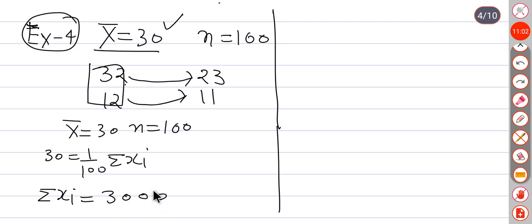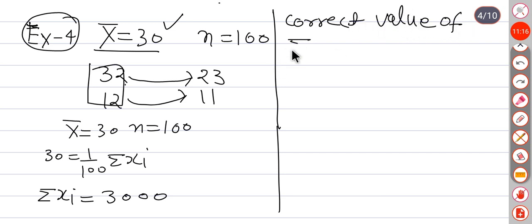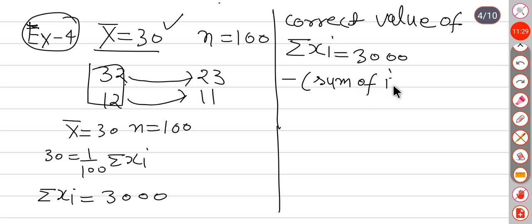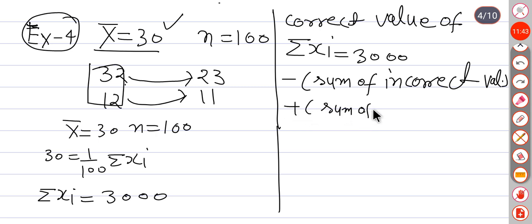So the correct value of the summation of xi would be 3000 minus the sum of incorrect values, plus the sum of correct values.